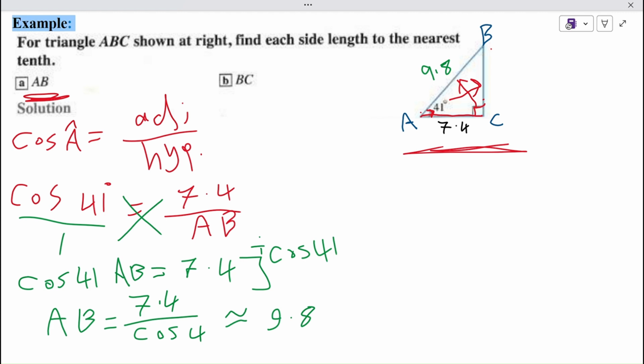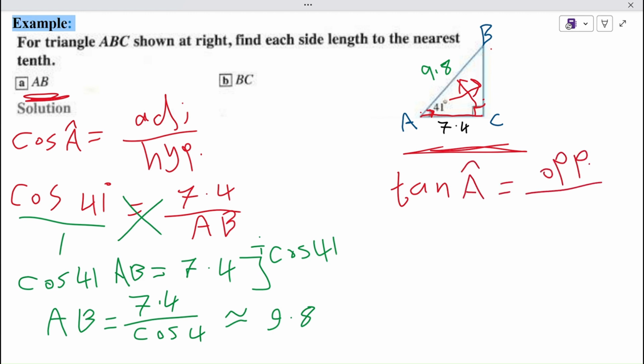Sine of A is opposite over hypotenuse, but we want to find BC, the opposite side. So here we have to use tan of A is equal to opposite side over adjacent.